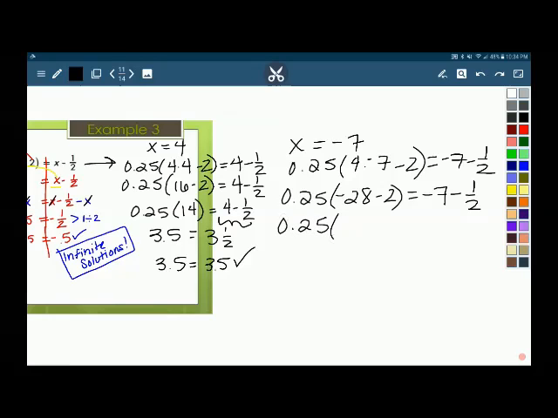0.25 times -28 minus 2, which is -30. Again, I have to jump over to my calculator. 0.25 times -30.